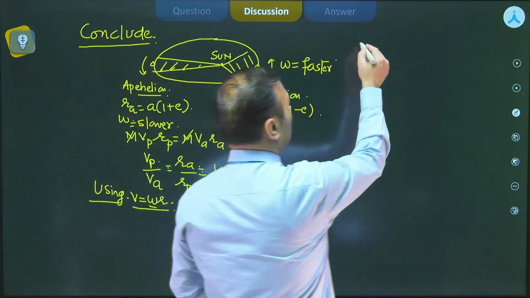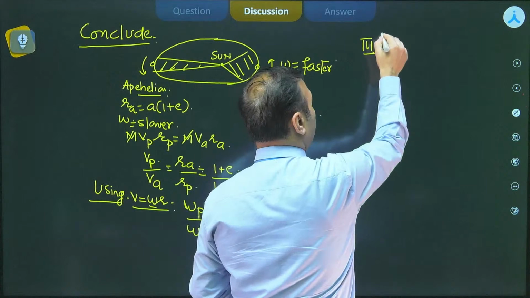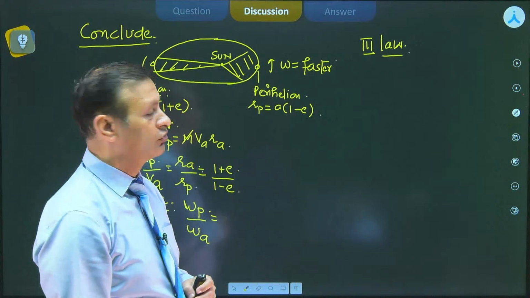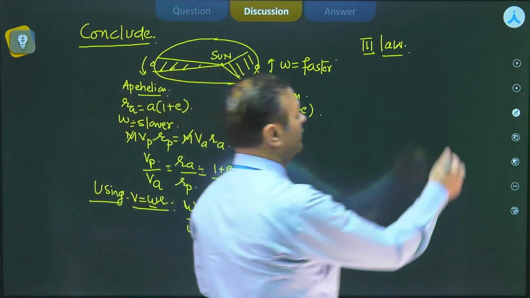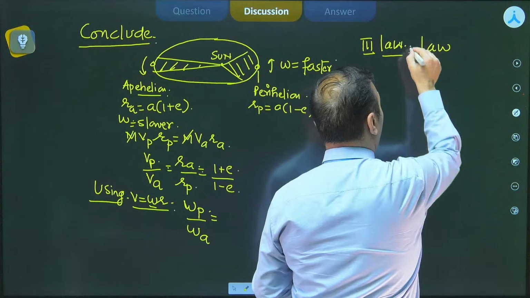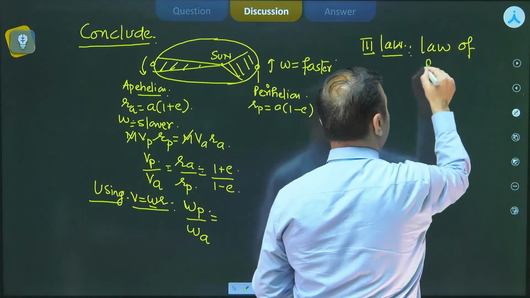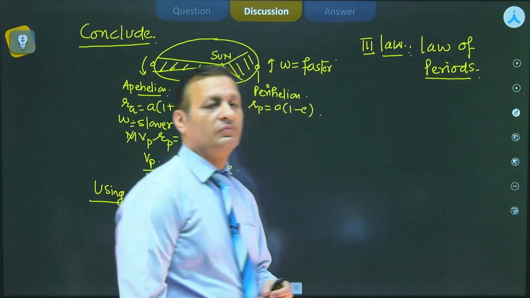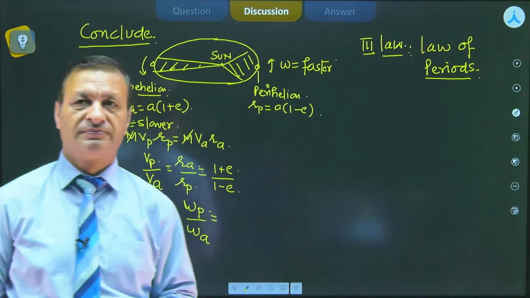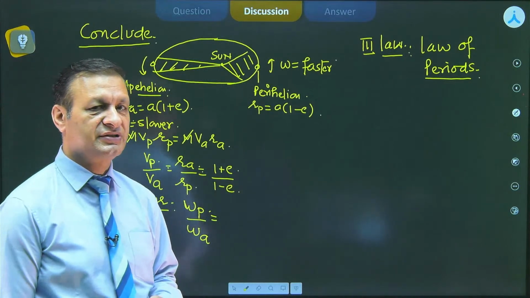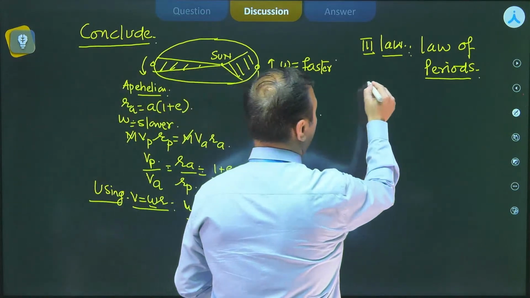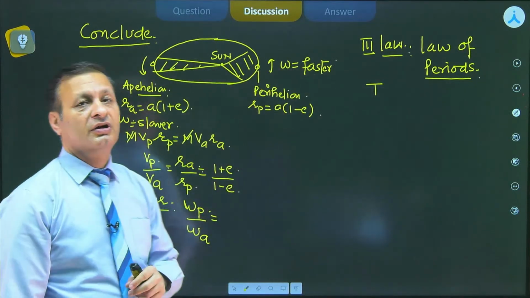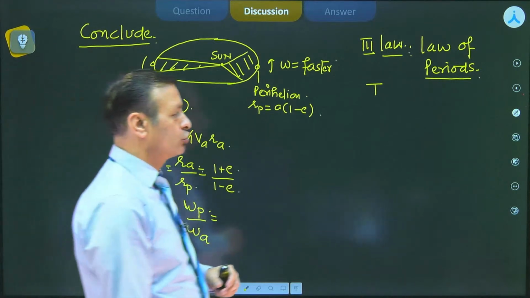Now moving to the third law, Kepler's third law, planetary laws we are discussing. So the third law is the law of periods. It says the time period of this planet which is revolving around the sun.